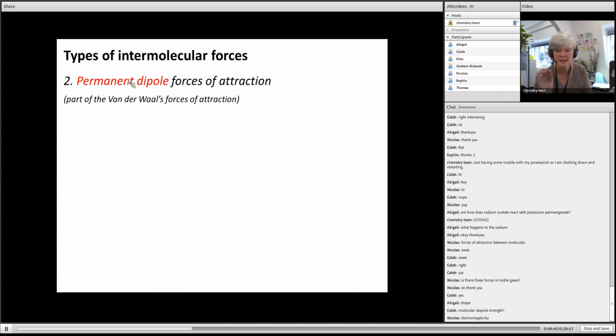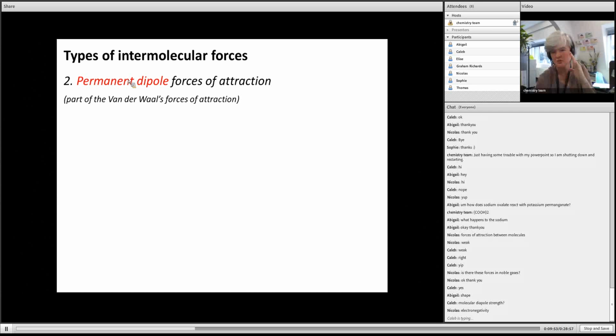So for instance, if I have H2O and H2S, now they're both bent molecules, but is oxygen more electronegative or less electronegative than sulfur?